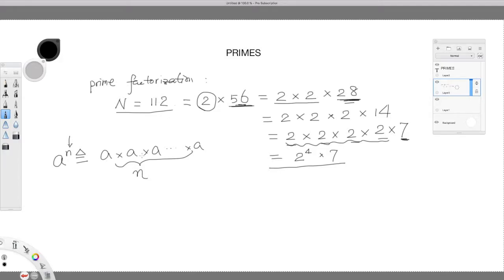When you have n a's multiplied together, you use this short notation a to the power n to represent that. Is the notation clear? Mathematicians are a bit lazy in terms of notation, but it also brings clarity. Using a to the n, you can save a lot of space, save a lot of writing, and save potential errors.